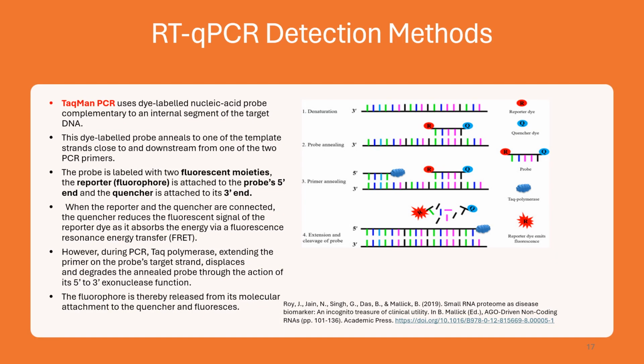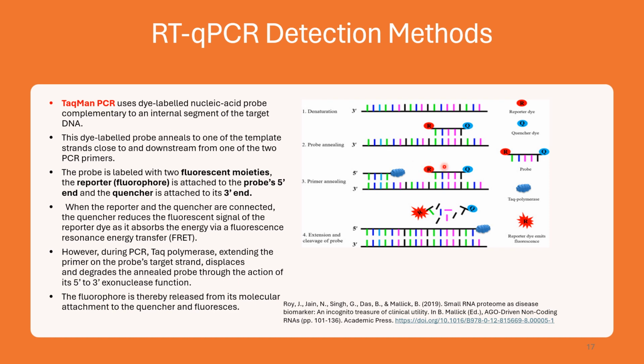TaqMan probe-based method. TaqMan PCR uses a dye-labeled nucleic acid probe complementary to an internal segment of the target DNA. This dye-labeled probe anneals to one of the template strands close to and downstream from one of the two PCR primers. The probe is labeled by two fluorescent moieties.